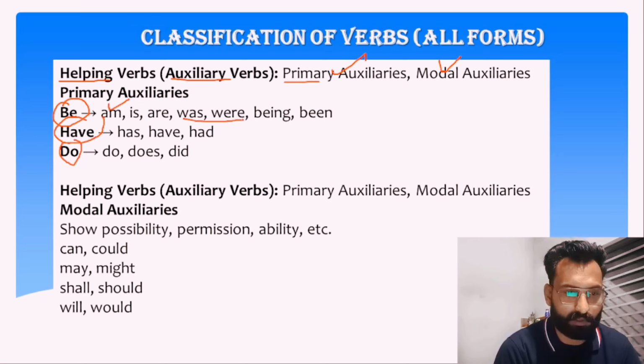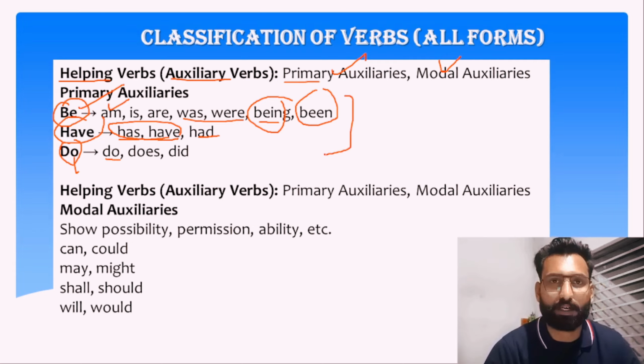In past we use was, were, except that we use being and been form of be verb forms. Then have verb form, has, have we use in present tense, and had we use for past tense. So third type, do, does, and did, we always use. These all verbs are primary auxiliaries which help main verbs or lexical verbs to make a sentence.